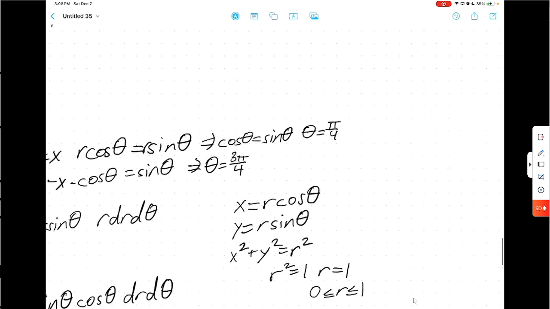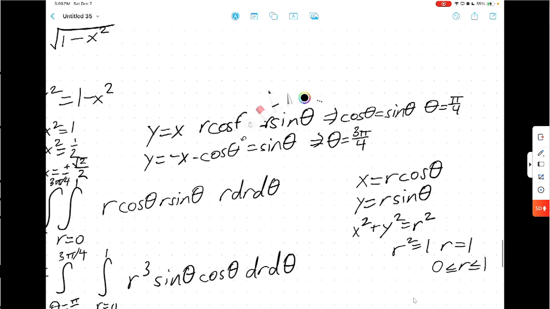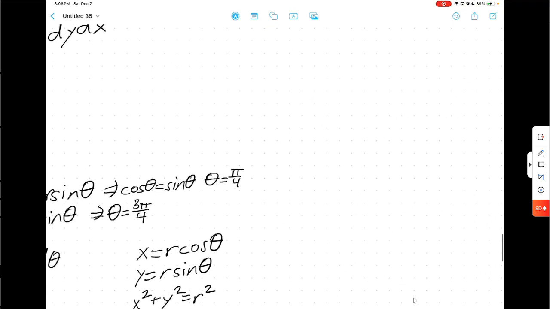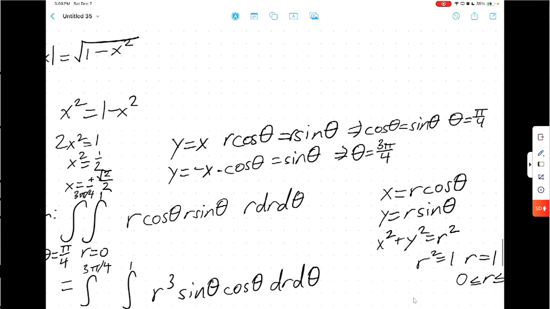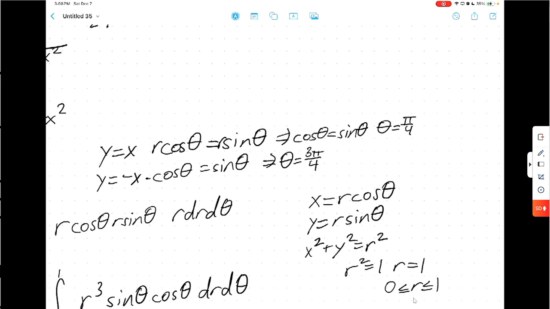And then the other one is cosine theta equals negative sine theta, which will be 3 pi over 4. Because at 3 pi over 4, cosine is negative if sine is positive, and the absolute value of cosine theta and sine theta are equal at pi over 4 and 3 pi over 4. So these are going to be the bounds.